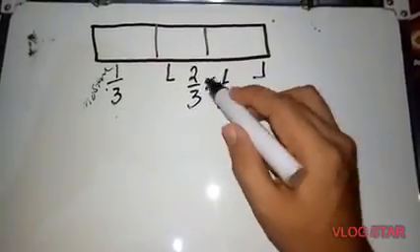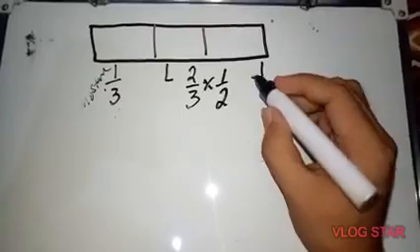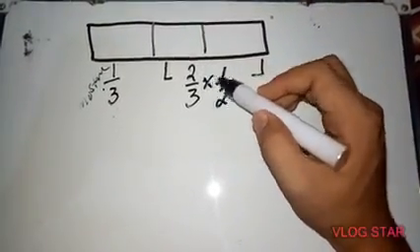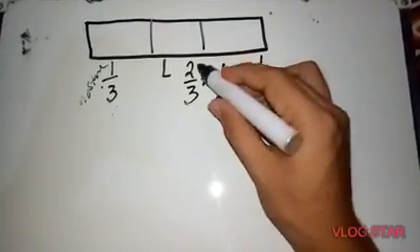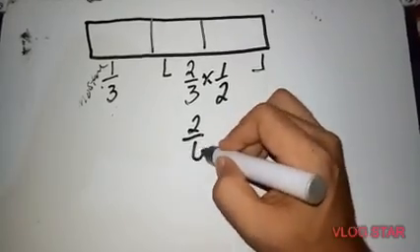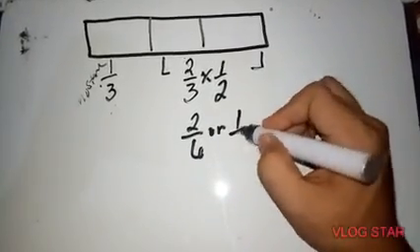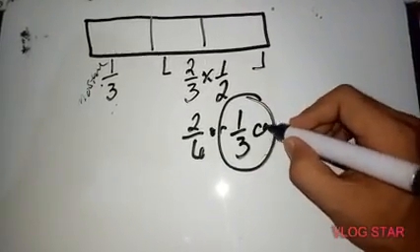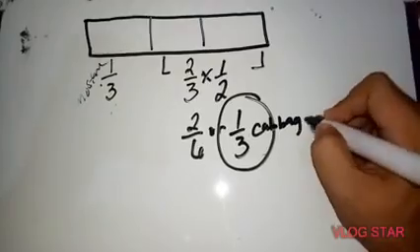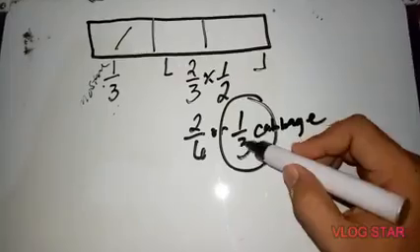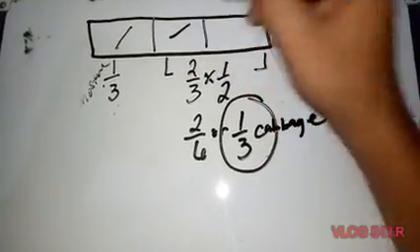So let's multiply this first to get the answer. So 2/3 times 1/2, it means 2/6 or 1/3. So it means that 1/3 is for cabbage. So this part is for mustard, and 1/3 for cabbage.